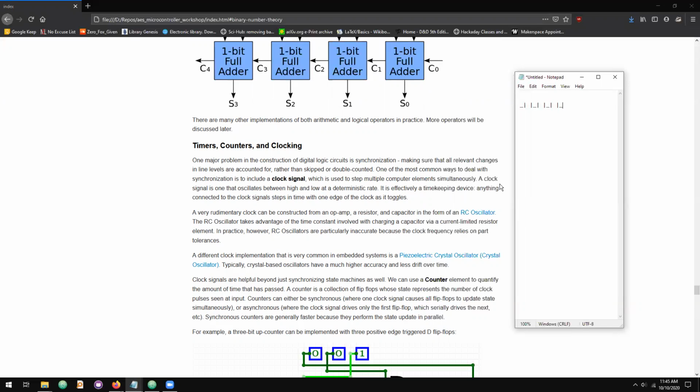There's also another kind of circuit element that we can use to generate this clock signal, and that's known as a piezoelectric crystal. The specifics of how piezoelectric crystals work, I'll leave it to you guys to look up. But effectively, a deformation in the crystal is capable of producing a voltage.